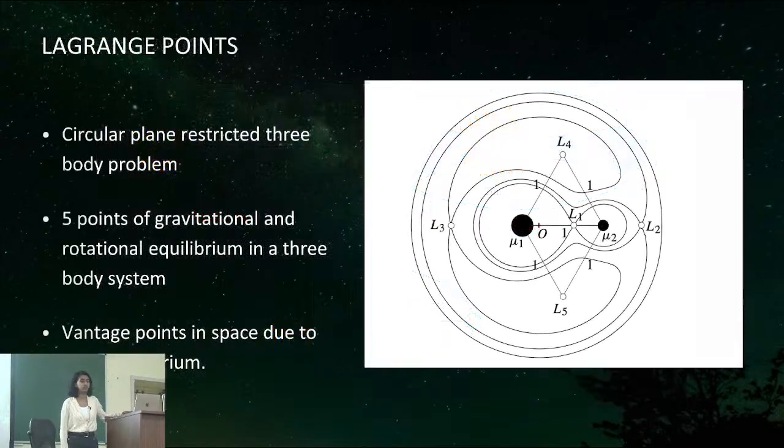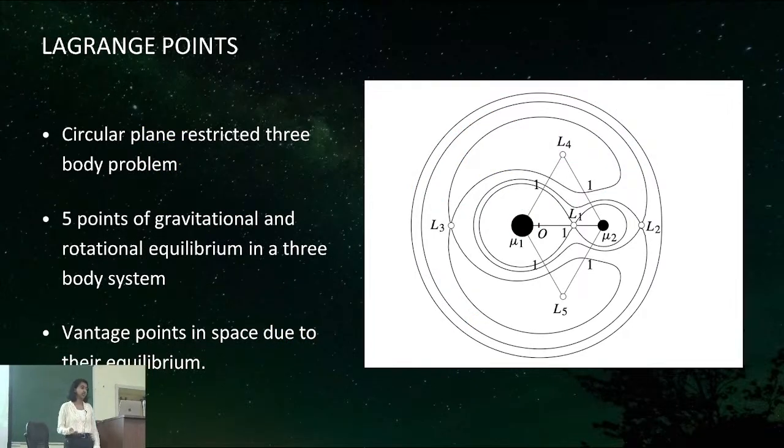Now, Lagrange points. What are Lagrange points? Like he mentioned at the start of the talk, they are solutions of the three body problem, a specific case of the three body problem to be exact. It's called the circular plane restricted three body problem. So we're only looking at objects moving in a circle, and it's plane restricted, meaning not in 3D, only in 2D.